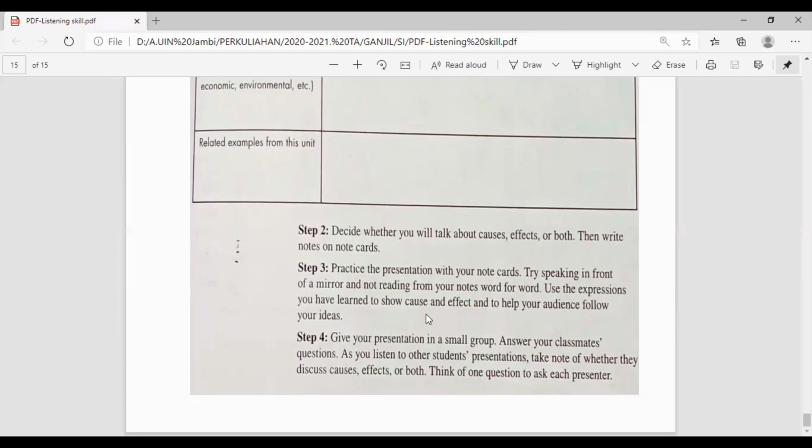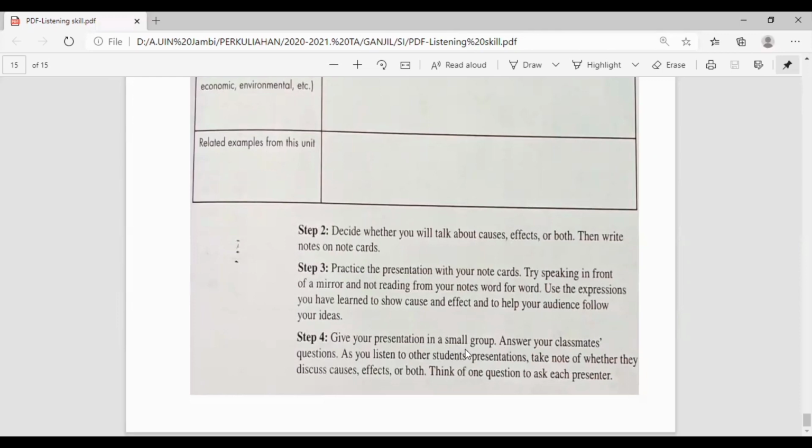Before you start giving your presentation, I want you to show the notes to the camera, so that everyone can look at your notes. After that, give your presentation.